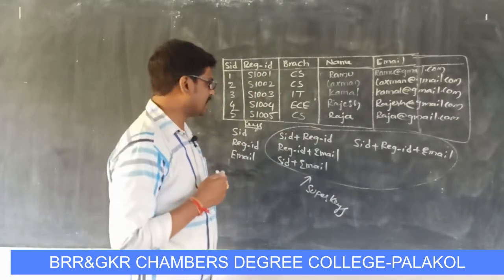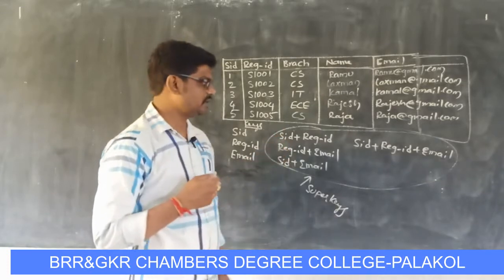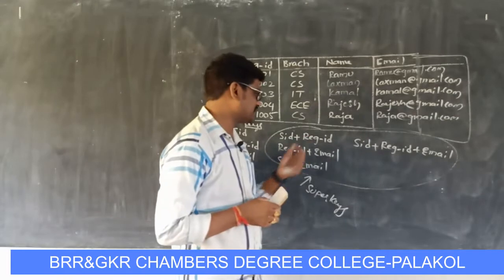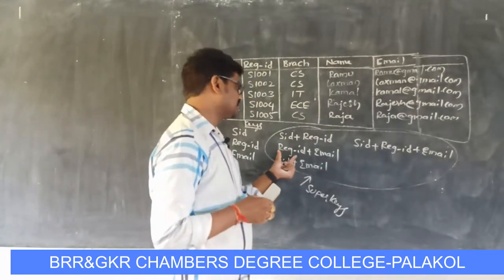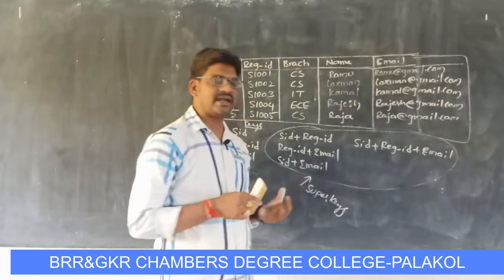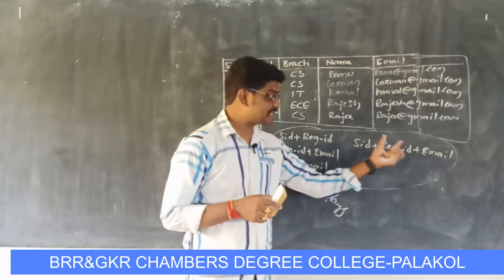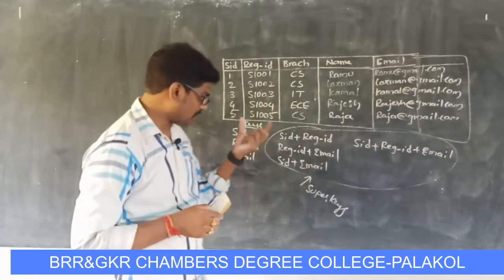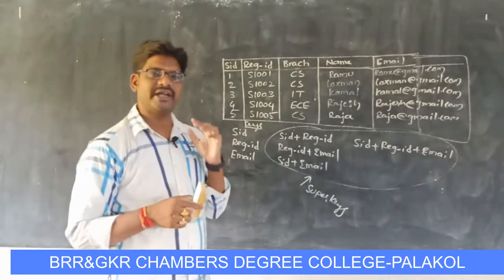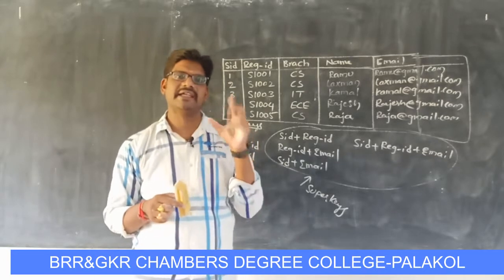If you take any one of the keys here, SID plus registered ID, or registered ID plus email ID, or SID plus email ID, or SID plus registered ID plus email ID, or SID, registered ID or email ID, we take it as a candidate key.